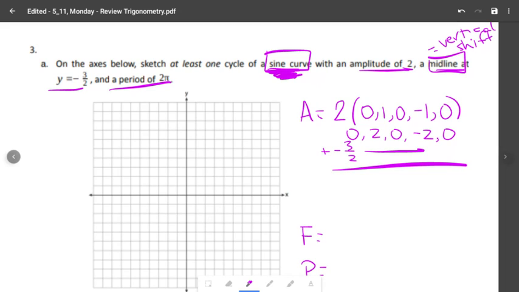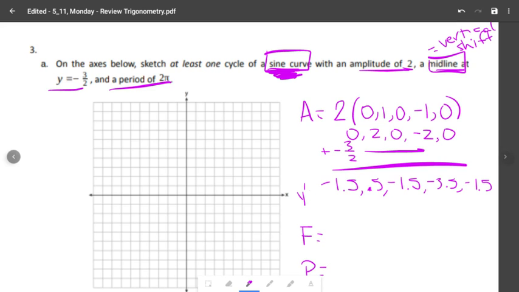So 0 plus -3/2 or 0 minus 3/2 is -3/2 or -1.5. 2 minus 3/2 is 0.5. 0 minus 3/2 is -1.5 again. -2 minus 3/2, -3.5. And 0 minus 3/2, -1.5.